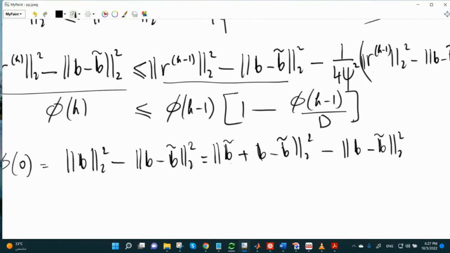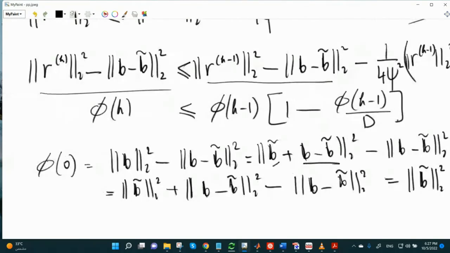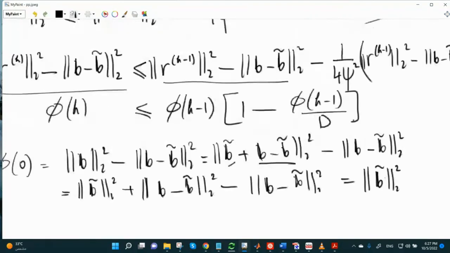Remember that orthogonality dictates that these two vectors are orthogonal to one another. And so this L2 norm squared will give us this guy squared plus the L2 norm squared of this other guy. But then there is a minus sign, and so there is cancellation, which is good. And so we have the L2 norm of b tilde squared.